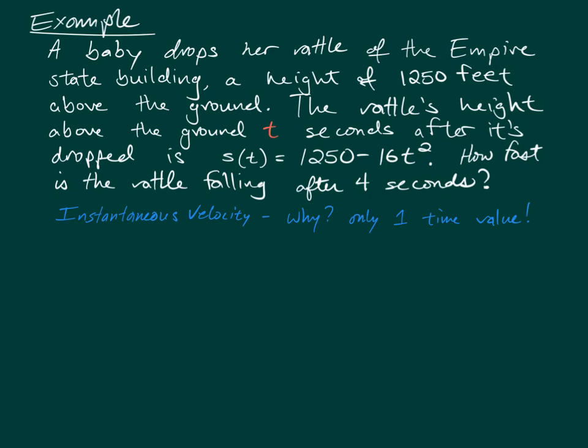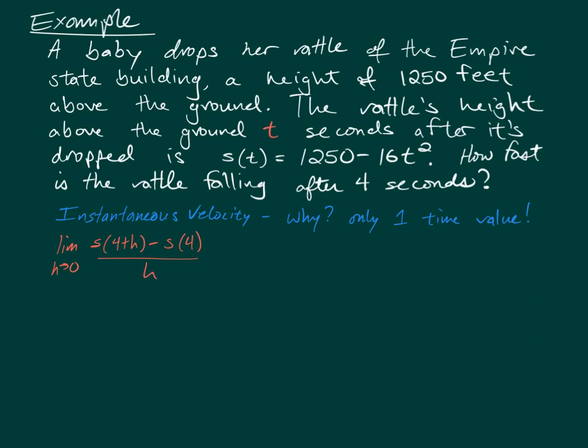So to find an instantaneous velocity, we will need to use the limit formula that looks like this. The limit as h approaches 0 of s of 4 plus h minus s of 4 all over h.